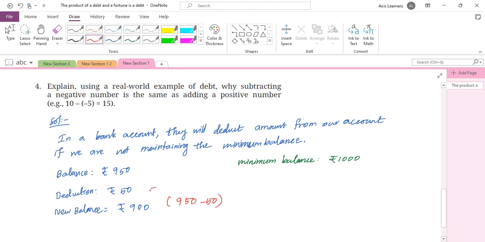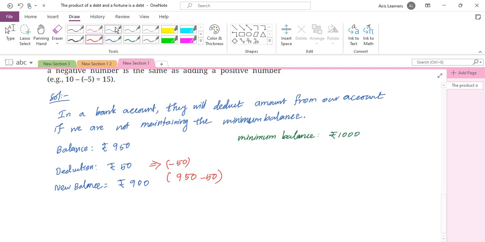So actually it represents minus 50 because they are deducting the amount, right? Now they realized my bank account is a salary account, a zero balance account, so they are not supposed to deduct the amount. So I called customer care. They said sorry and they are cancelling the deduction.